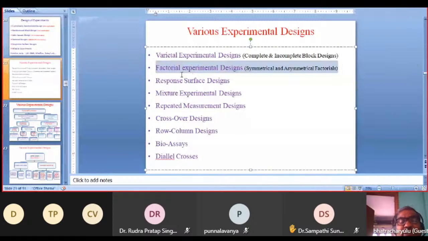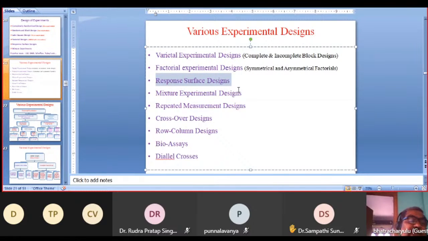In factorial experiments there are also many different types: symmetrical factorial, asymmetrical factorial, with confounding, without confounding, fractional factorial. And another type is response surface designs, like rotatable designs, central composite designs, and Taguchi designs.